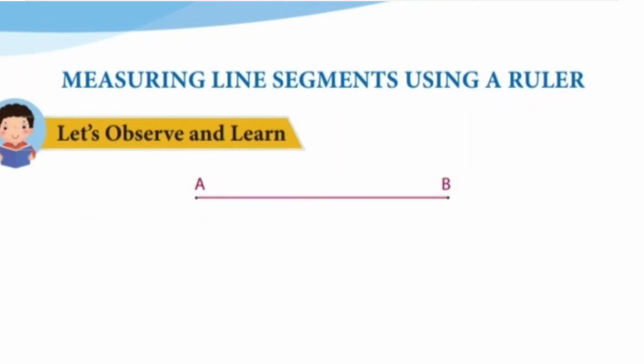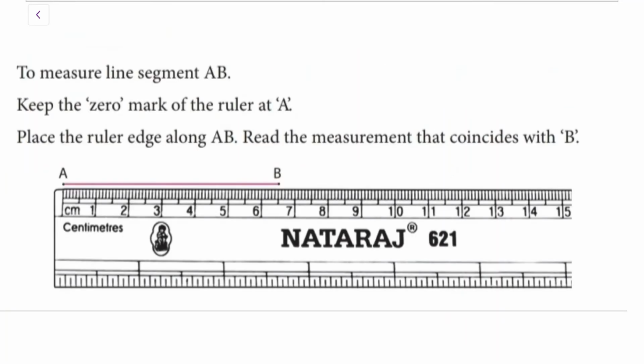To measure that line segment AB, what do you do? You need to keep the 0 mark. If you look at the ruler, can you see the 0 mark of the ruler? Yes, you need to put that 0 mark of the ruler at A. That's the first thing you need to do, put it at A.